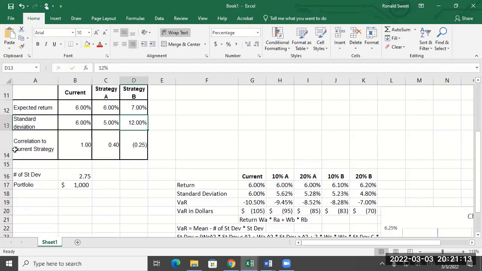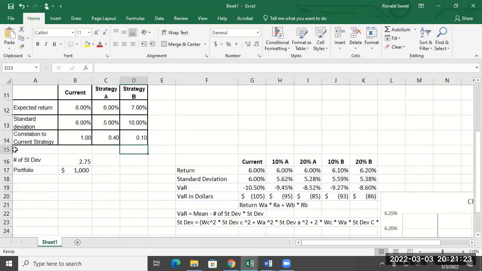But the risk could be 12 instead of 9, and we'd still be okay. What if the correlation was 0.1? Now it doesn't work so well. So you see why Bridgewater spent so much time on that one number. This is central to everything we do in finance, and we assume we know this number and have confidence in it.